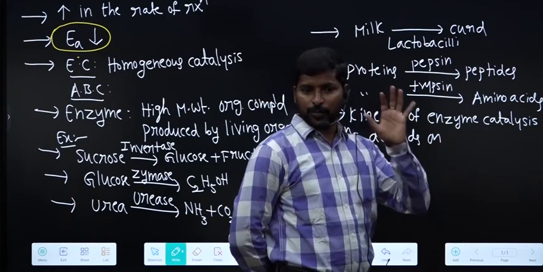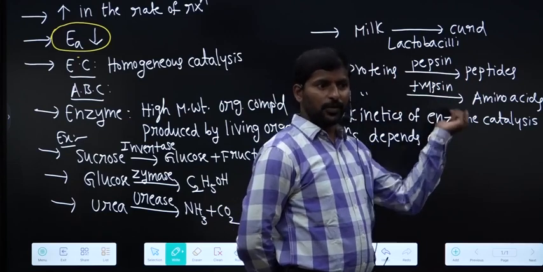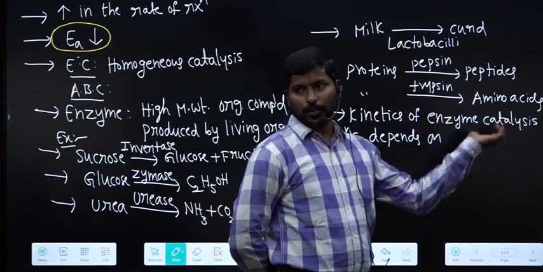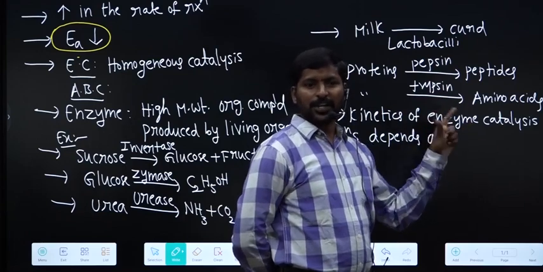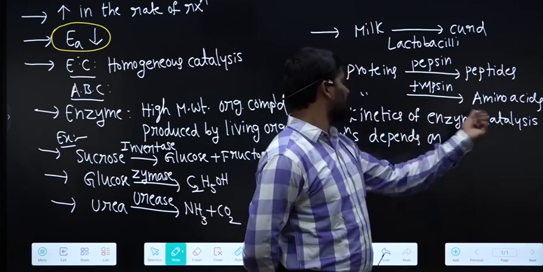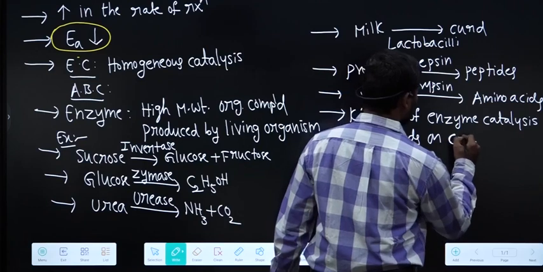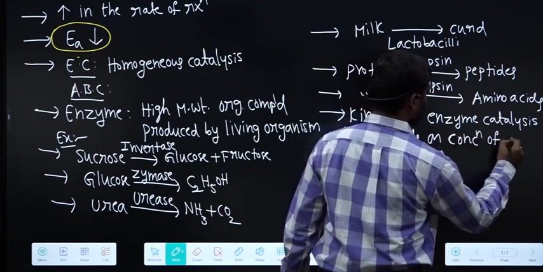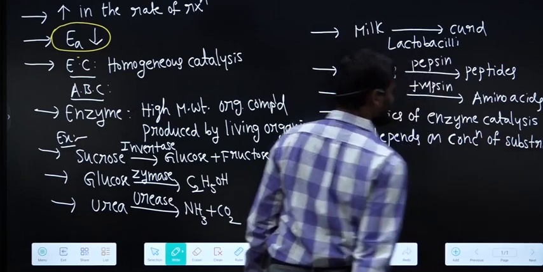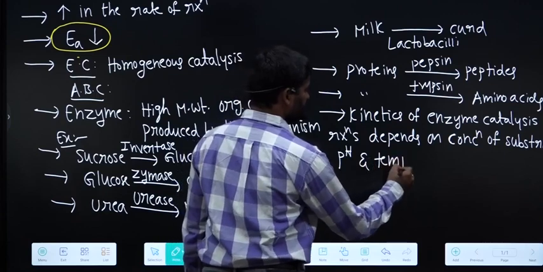That's why our body has to be maintained at proper temperature and proper pH. Then only all organisms function properly. So kinetics of enzyme catalysis reactions depends on concentration of substrate, pH and temperature.